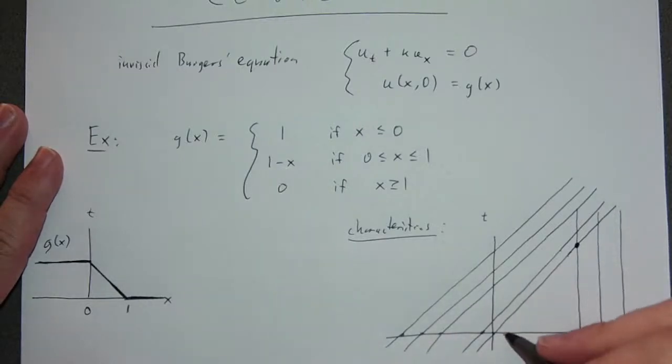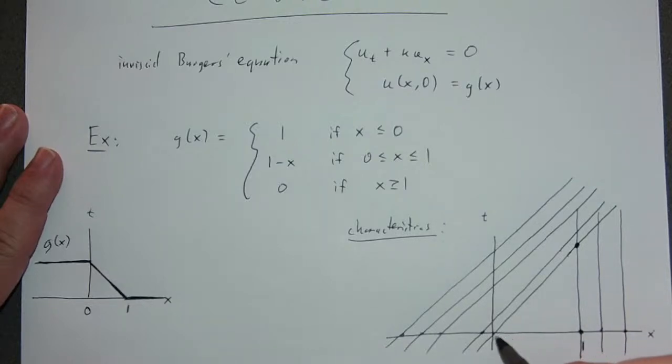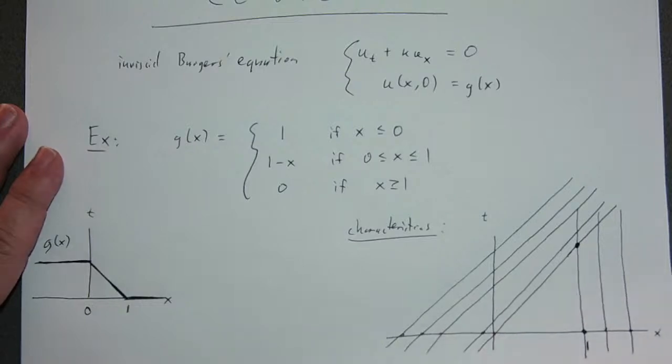And this slope is going to change at these various points all the way up until x equals 1, where it has slope 0, all the way toward x equals 0, where it has slope 1. Right? And so what is it that is happening?